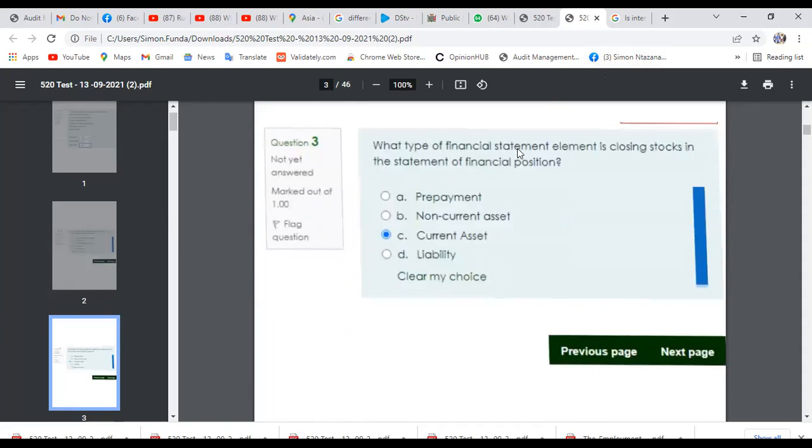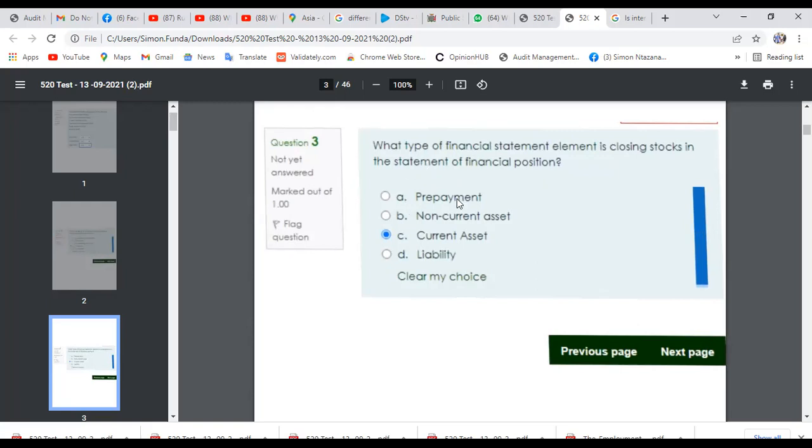Okay, what type of financial statement element is closing stock in the statement of financial position? So I think you had already explained on the closing stock, right? The stock.